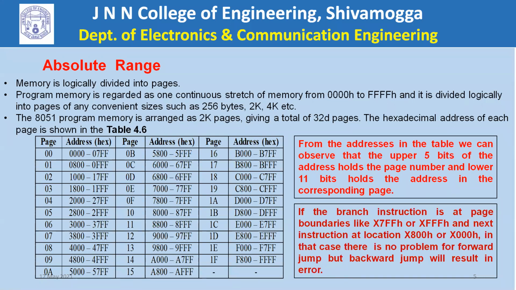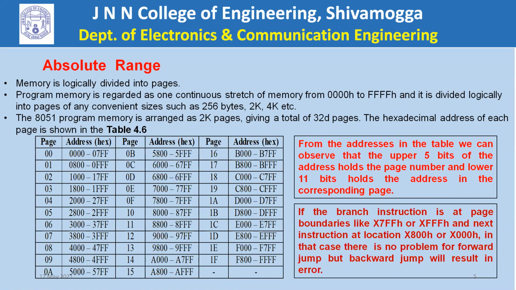So that 7563 is falling in 14th page. 14 in hexadecimal is 0E. Meaning, the upper 5 bits always holds the page number and lower 11 bits holds the address within that page. So this you have to understand. So the absolute range is that.